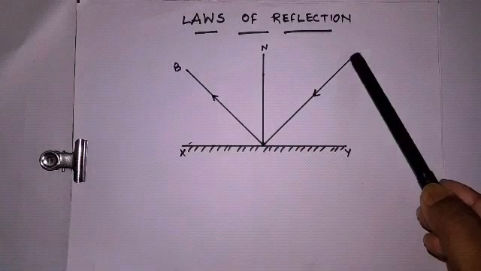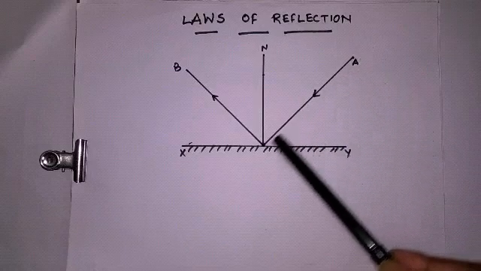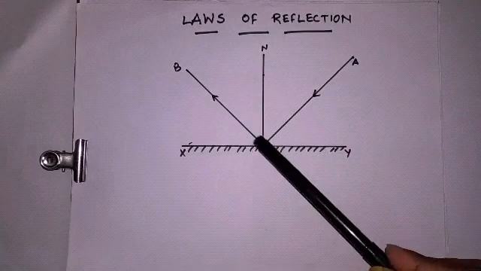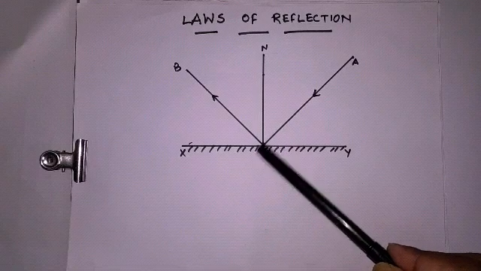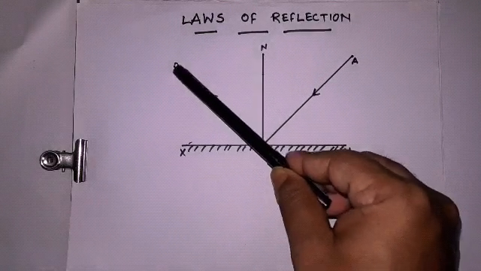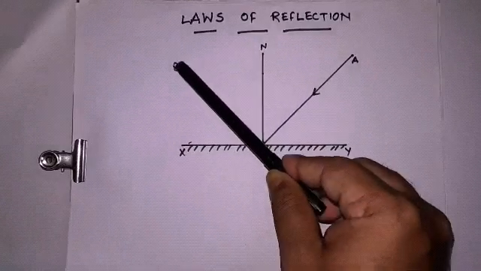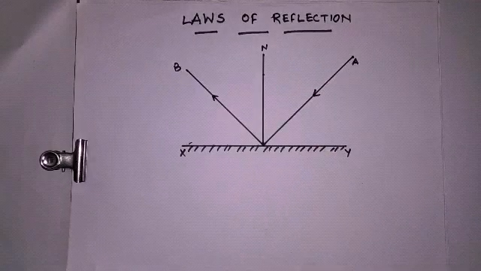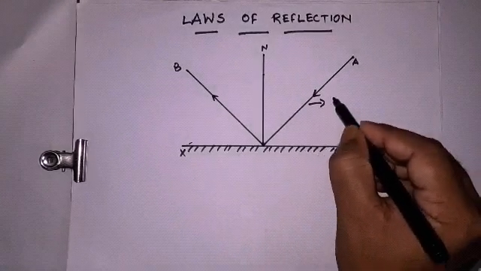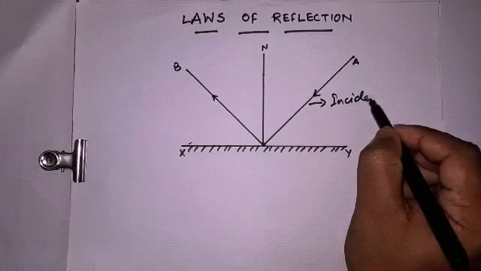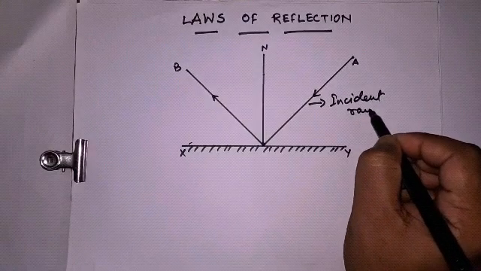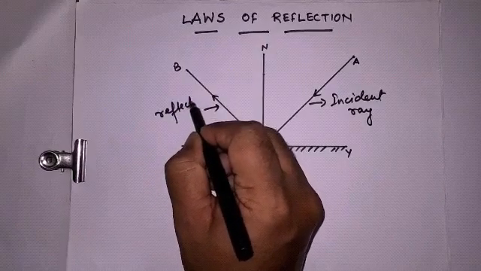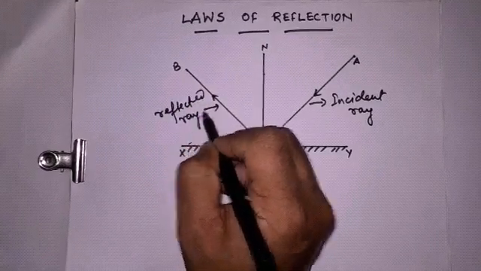Now, this ray A is the incident ray, that means the light is coming and falling on the surface of the mirror, and after reflection, it is bouncing back along this line, say B. So this is my incident ray, and this is my reflected ray.